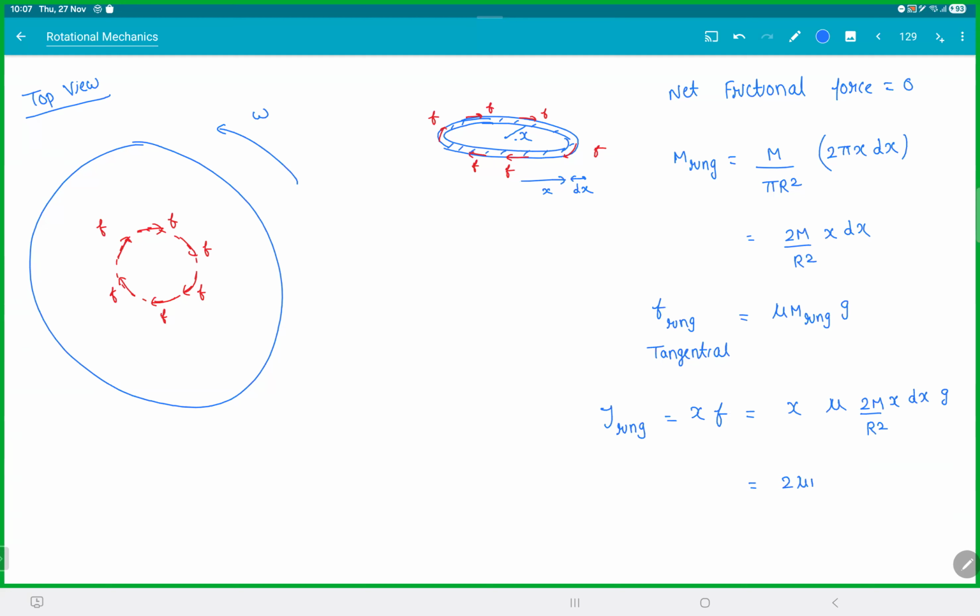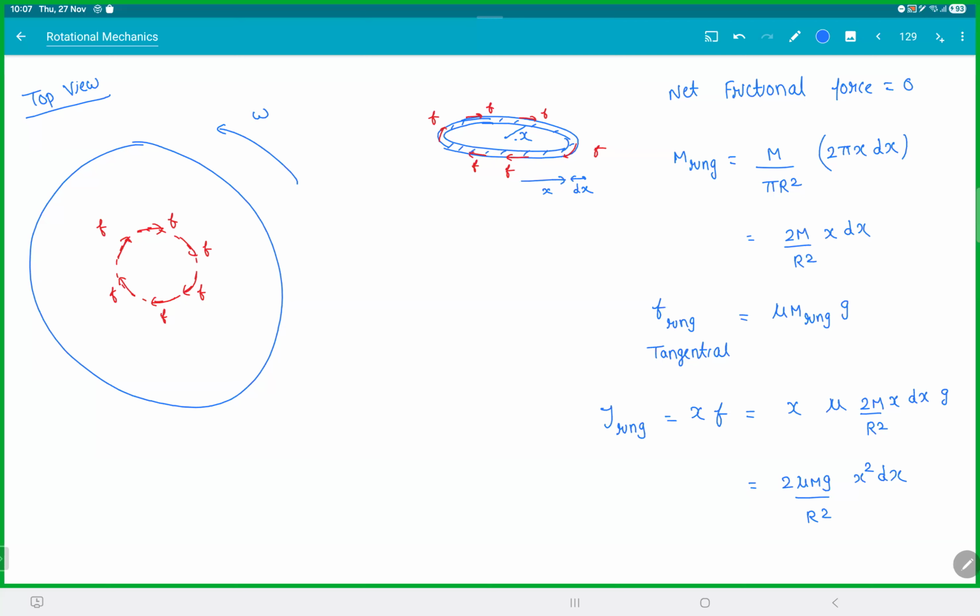So 2 mu mg by r squared x squared dx. So this is the torque on one ring. And you can clearly see here it is increasing with x, meaning the bigger the ring, the more the torque you have. That means the outermost rings will have more torque compared to the inside rings.